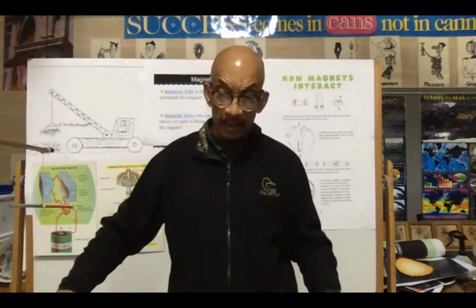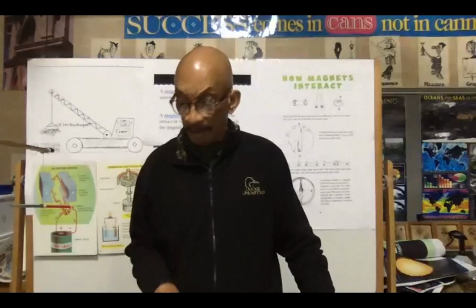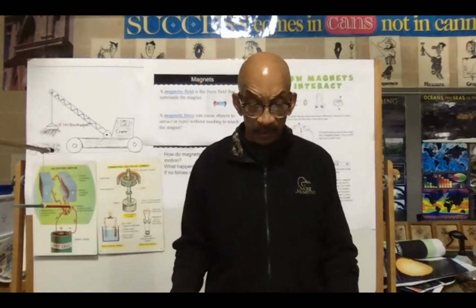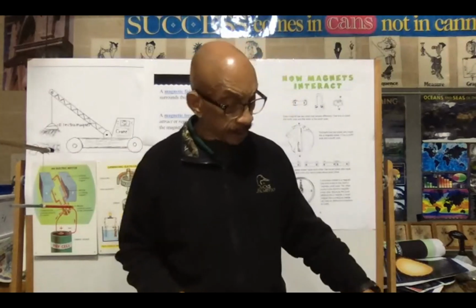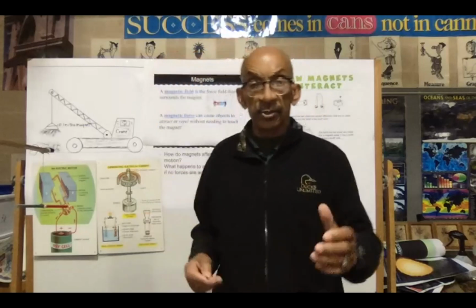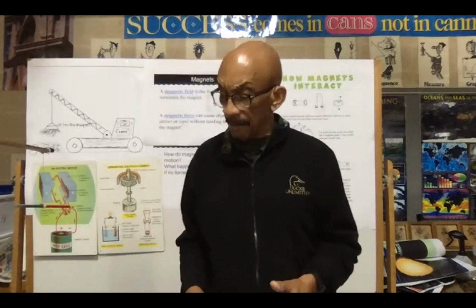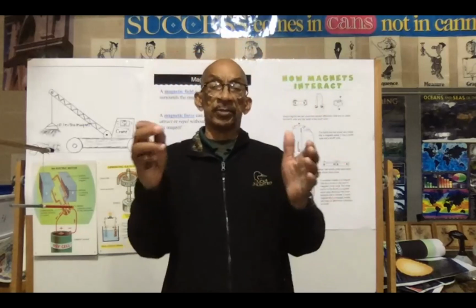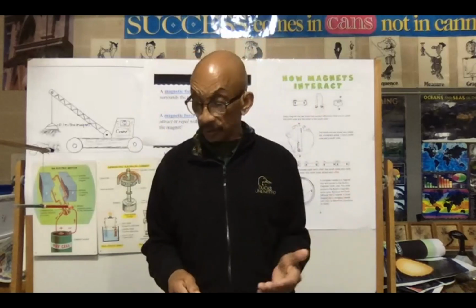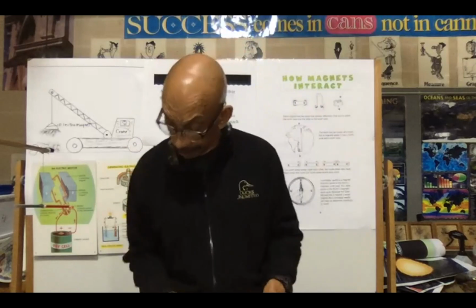Students, listen. You heard me mention that we use magnets in our everyday lives. Magnets are used in the medical field. There's a machine that hospitals use called an MRI machine. This machine is used to take images of the human body. They run a person's body through this machine and it's searching for things that might be wrong inside that person's body. Magnets are used in that.